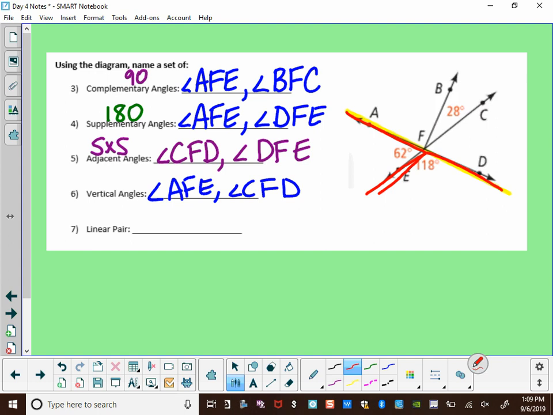Or you could do CFD, DFE, as long as there's two angles that are on the straight angle. That's a linear pair. So I'm going to do AFE, we use that one a lot, and DFE. Just think linear pair, we need a pair of angles that form a line, where they're sitting on the line.